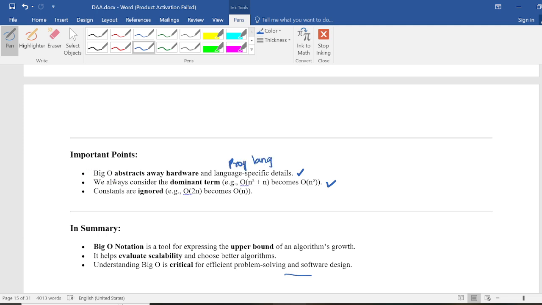Constants are ignored. We use big O to focus on the long-term behavior of the algorithm as the input grows. So using big O notation, we are focusing on the long-term behavior of an algorithm.